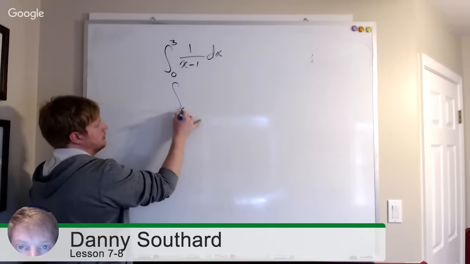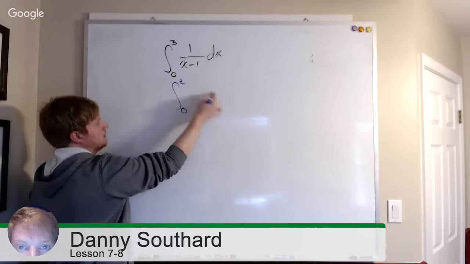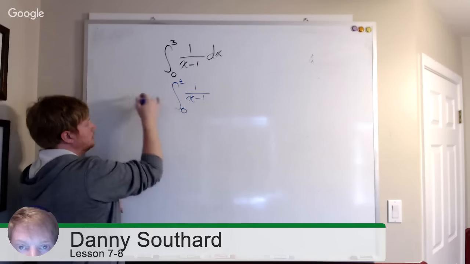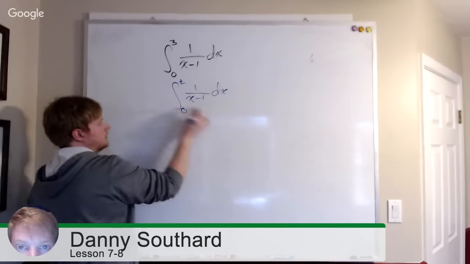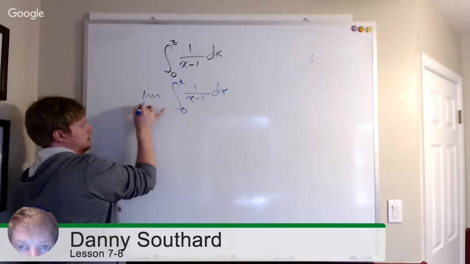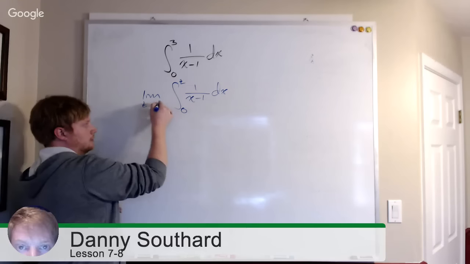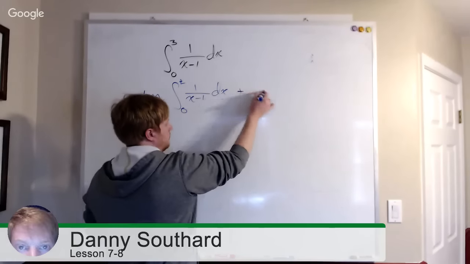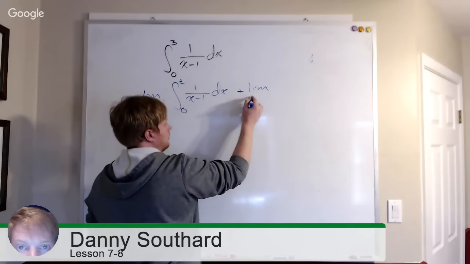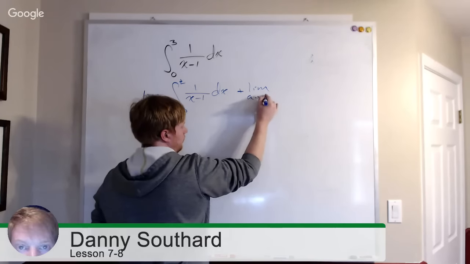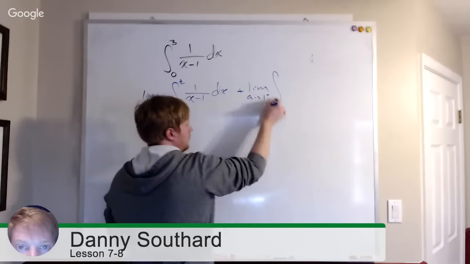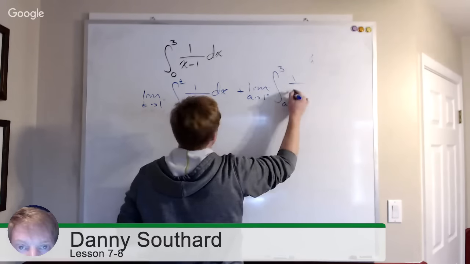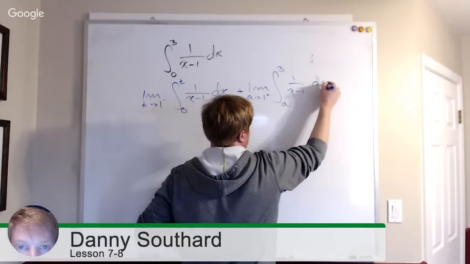So we're going to break this up and do the integral from 0 to t of 1 over x minus 1 dx as the limit as t goes to the asymptote 1 from the negative side, plus the limit as a goes to 1 from the positive side, the integral from a to 3, 1 over x minus 1 dx.